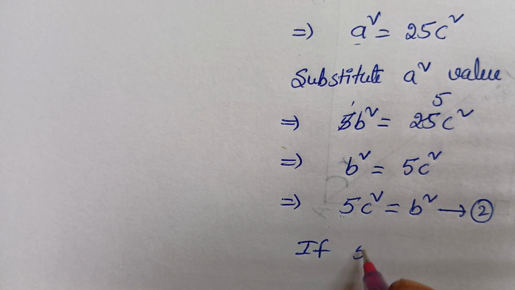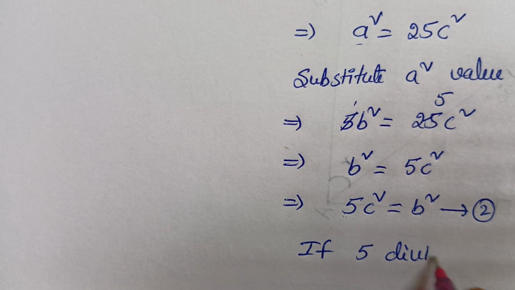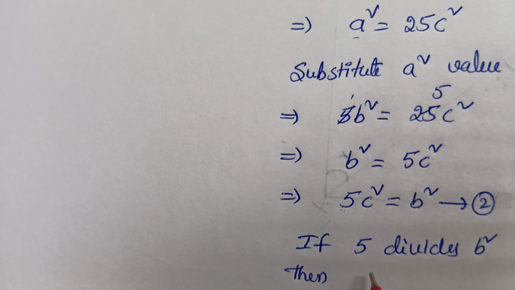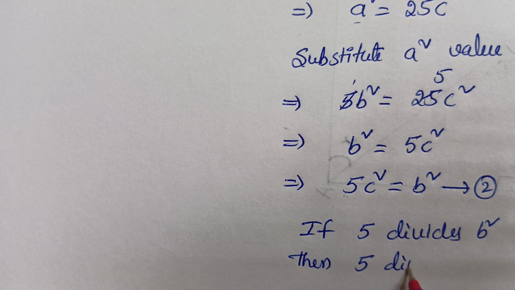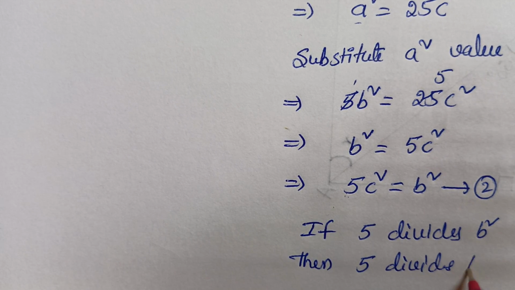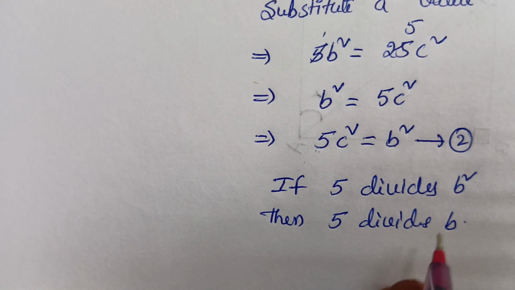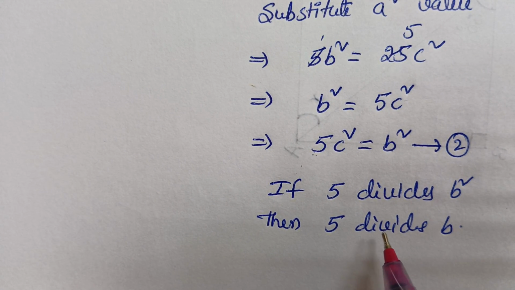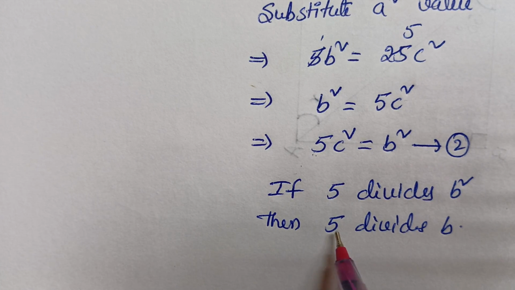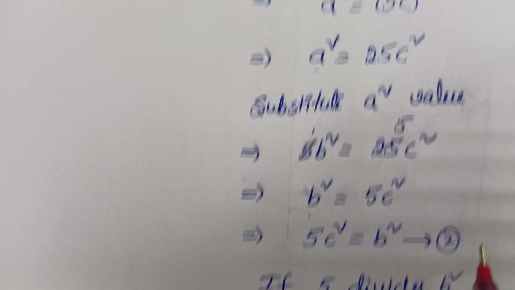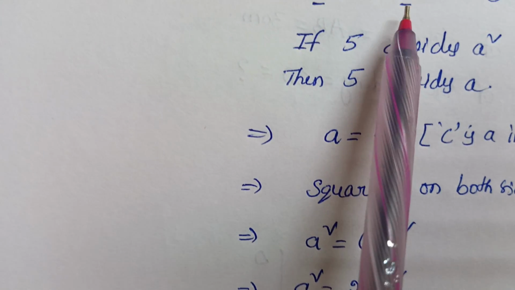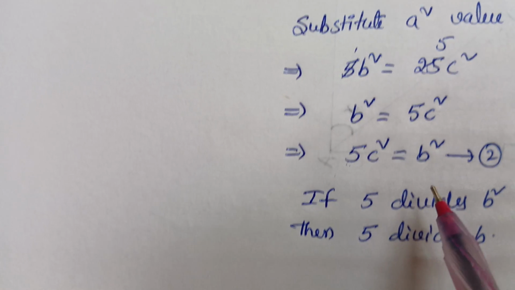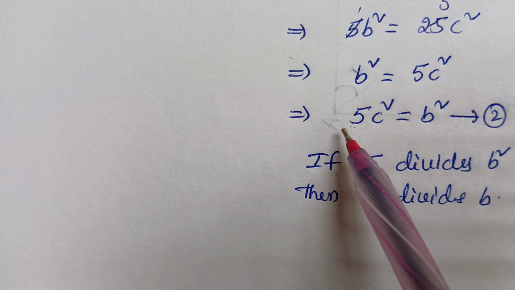That means b has a factor 5, and from the earlier equation, a has a factor 5.